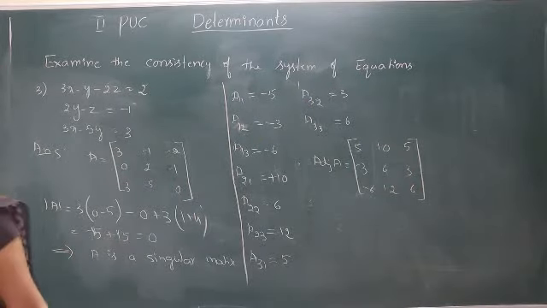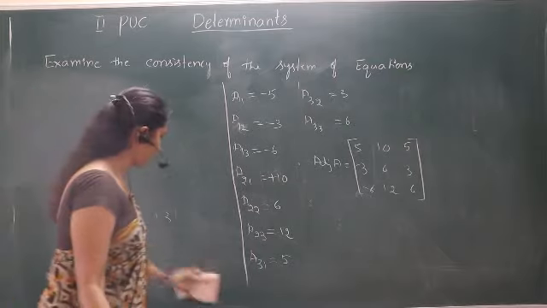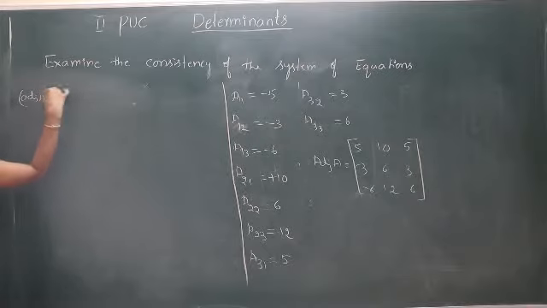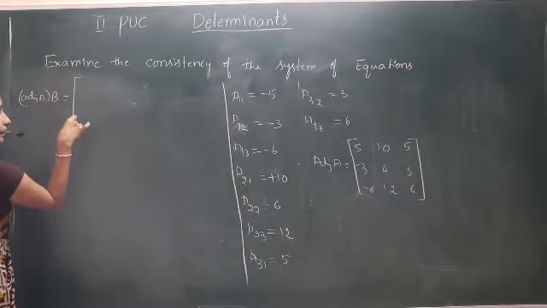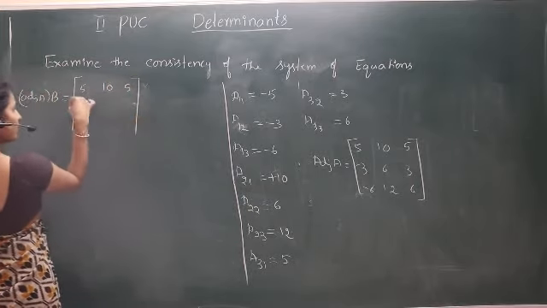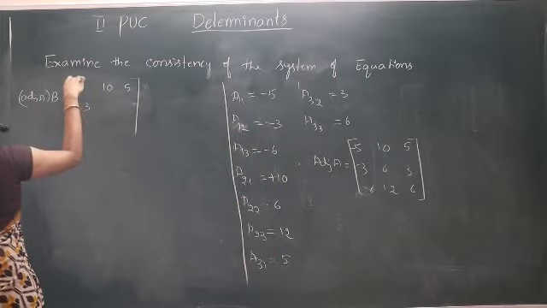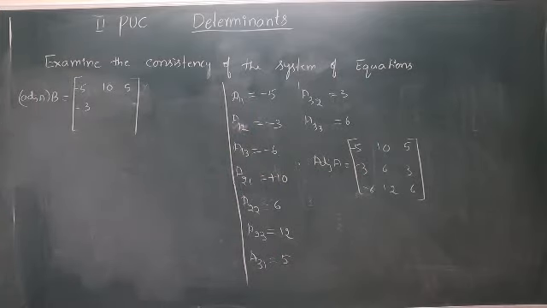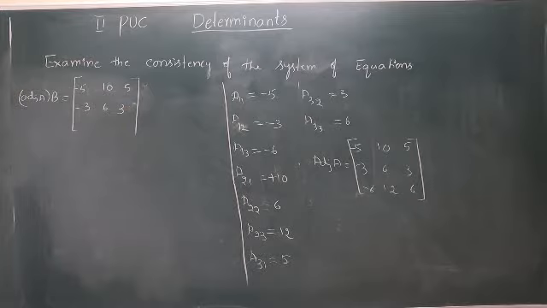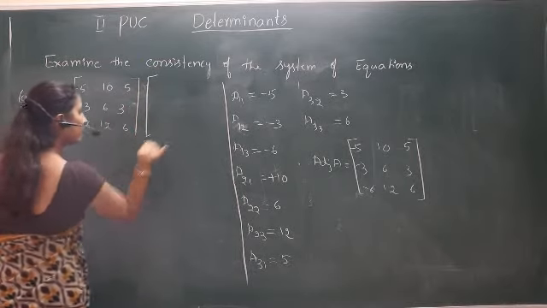After that, what we have to calculate? We have to multiply the adjoint of A and B. So adjoint of A into B is equal to the matrix with rows 5, 10, 5, then minus 3, 6, 3, then minus 6, 12, 6, into B. B is a matrix.